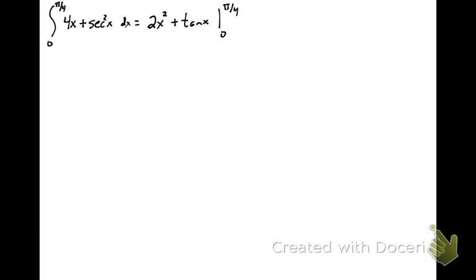If I substitute in pi fourths, squared is pi squared over 16, times 2 is pi squared over 8, plus the tangent of pi fourths is 1, minus, plugging in 0, I'll have 0 plus the tangent of 0 is 0. So our answer is just pi squared over 8 plus 1.